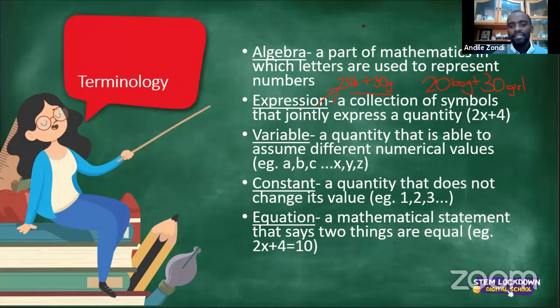You can substitute B for 2 and G for 2. So you'll have 2 times 20, that is 40, plus 30 times 2, that is 60. All in all, that is 100. In other words, these are variables because these can represent any numbers. We usually use letters like A, B, C, X, Y, Z.